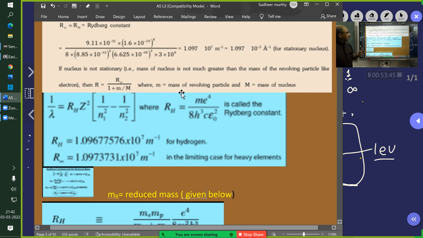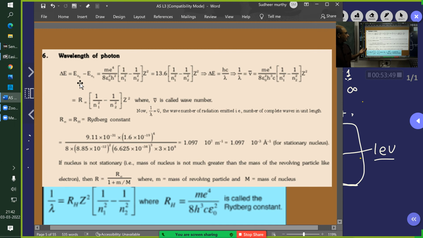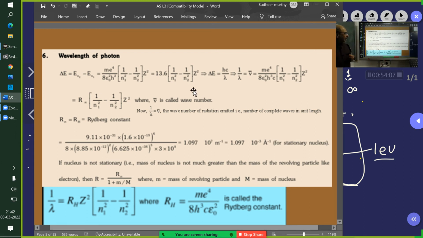Whatever equation we are writing here is for a system: the energy at the N2 level, energy at the N1 level. It is a system because proton is also involved there. The forces that are acting there act on both the proton and the electron. That is why you will have a small change in the two.